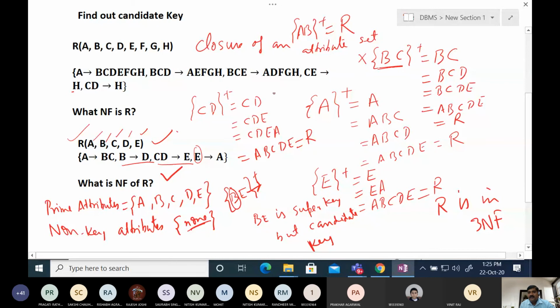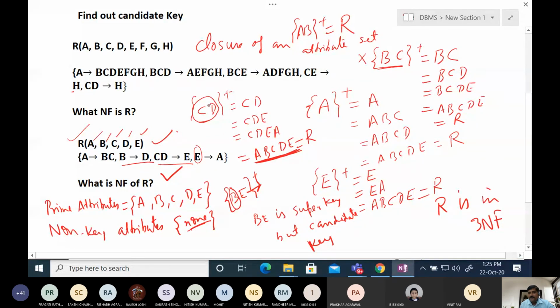until there are changes in the closure set of attributes. If there is no change in the closure set, then we stop adding attributes. And at the last, if we get all the attributes of R in the closure set, then that set of attributes is called a super key or candidate key.